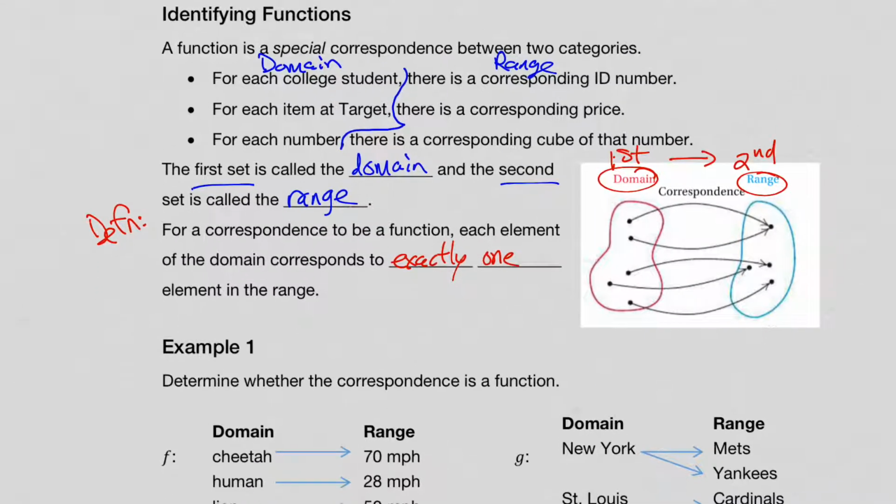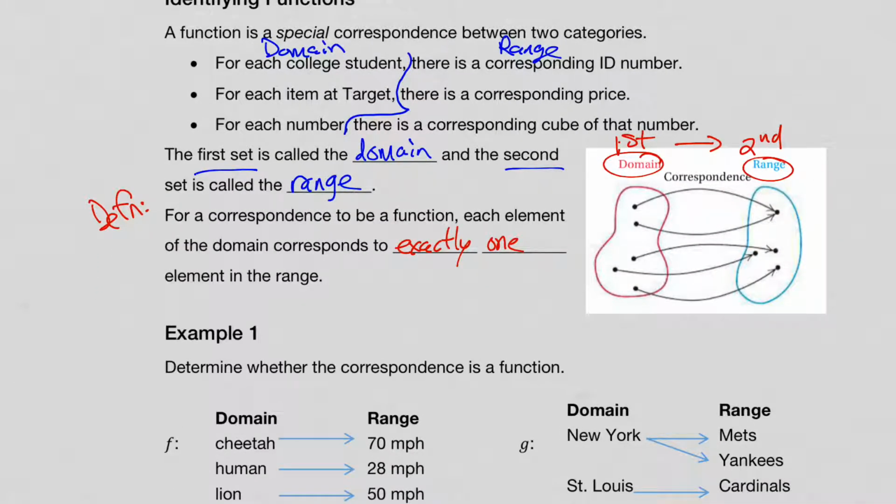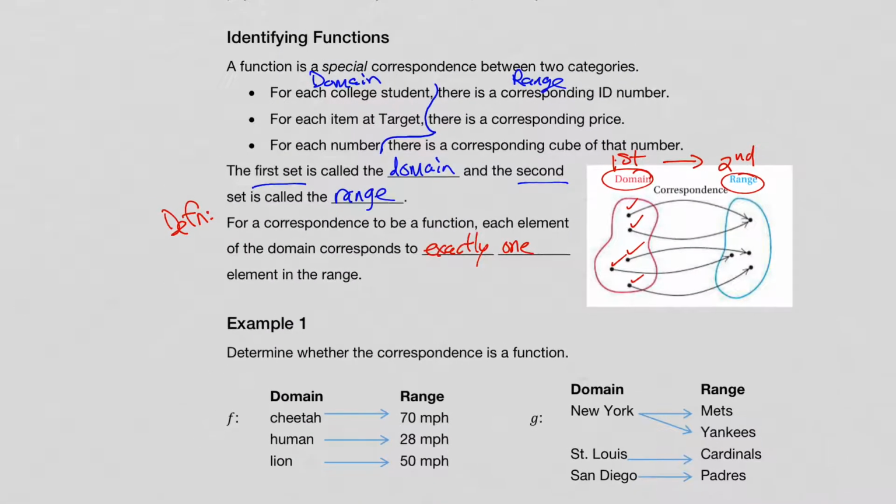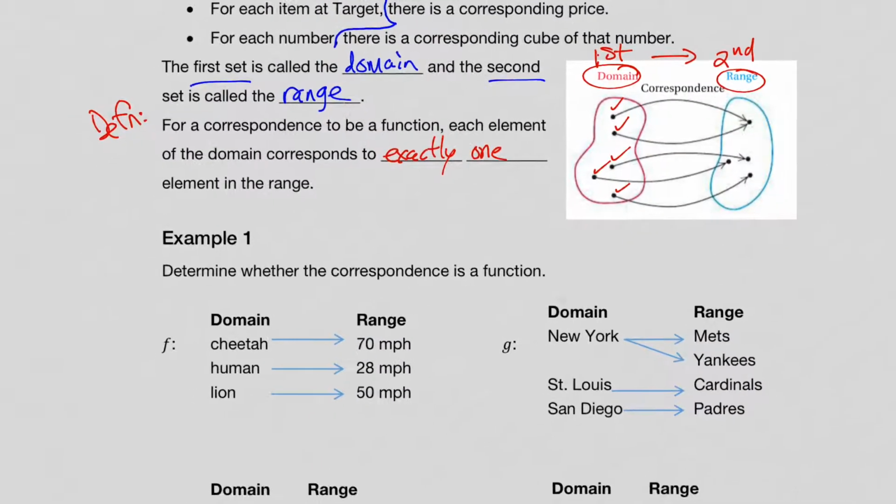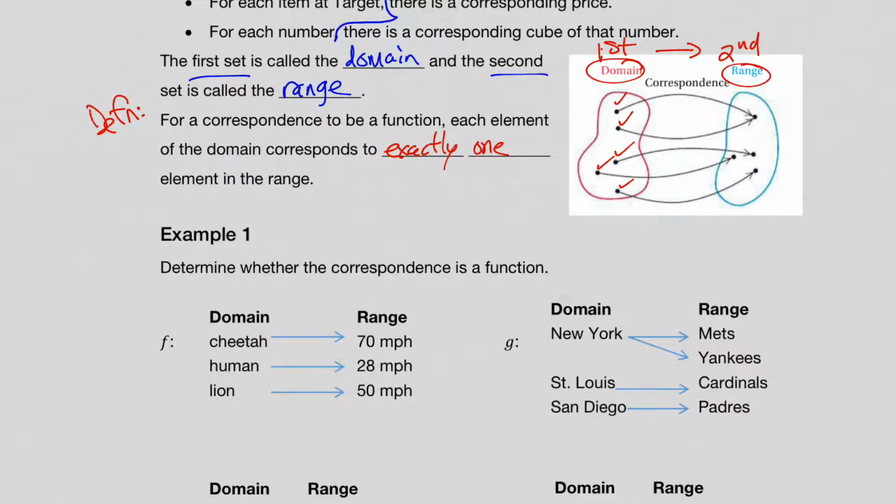So, if you look over here to the right, we see that every single element in the domain, okay, corresponds to something on the right. All right. Now, there are situations where this is not true. Okay, so that, and we'll see that in a minute.